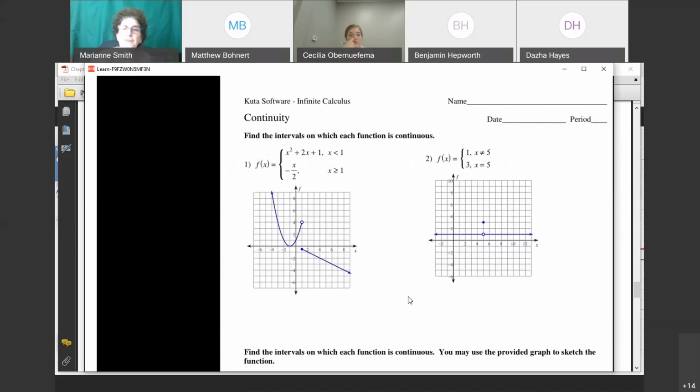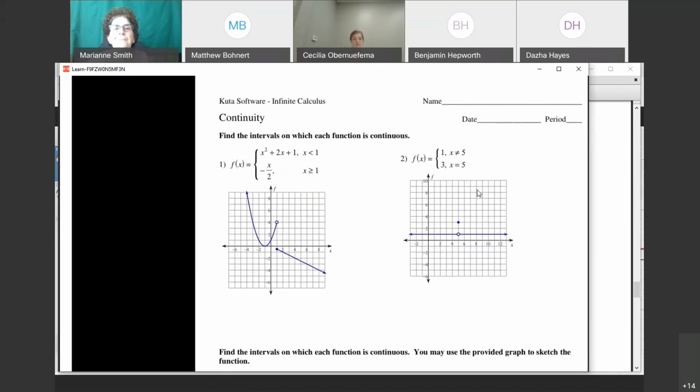Okay, so hopefully you're seeing my worksheet here. Okay. So here's the way piecewise functions are defined. You might remember these from college algebra, where you've got one function rule defined on part of the domain.